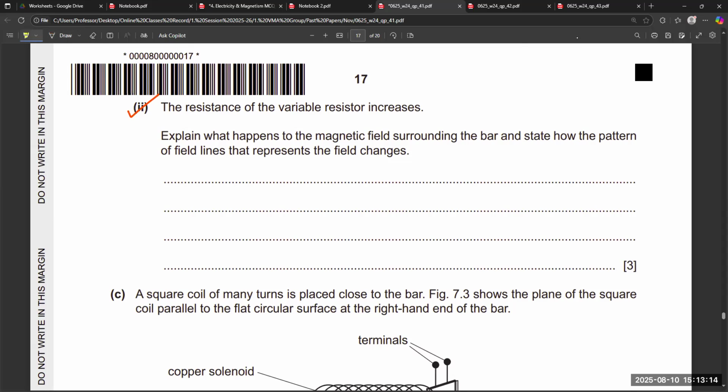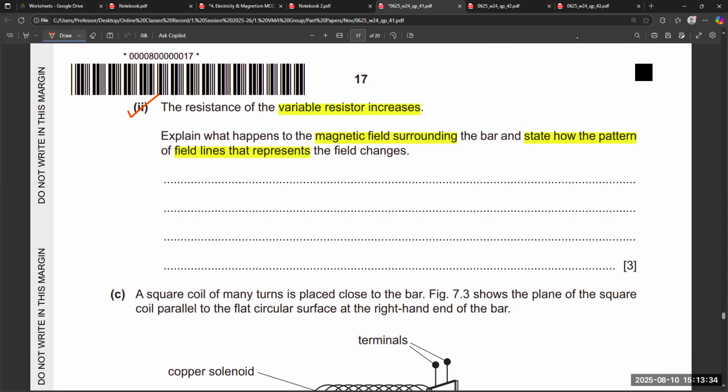Second part of the question: the resistance of the variable resistor increases. Explain what happens to the magnetic field surrounding the bar and state how the pattern of field lines that represents the field changes. So the variable resistor is connected in the circuit in series combination.